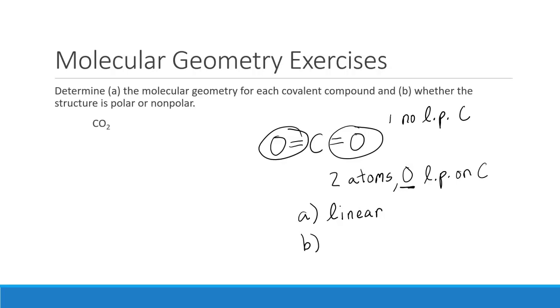And the second thing is that the atoms around carbon have to be the same. So are our outer atoms the same? And they are because they're both oxygen. Okay, so we have no lone pairs on carbon, the outer atoms are the same, and therefore this one is nonpolar.